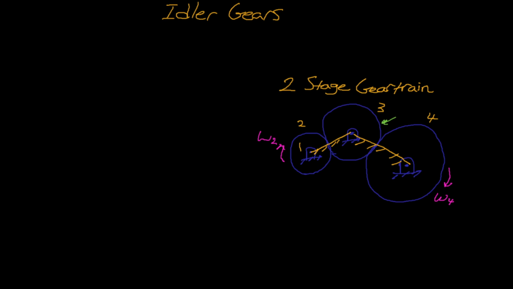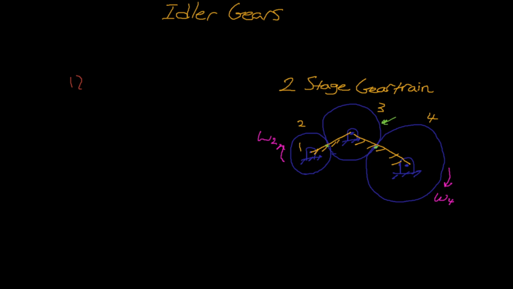And now that we have our elements labeled, we can write out the rolling contact equations so that we can see how the idler gear affects the gear ratio. We have one rolling contact between gear 2 and 3, and one rolling contact between gears 3 and 4. So we're going to have 2 rolling contact equations.